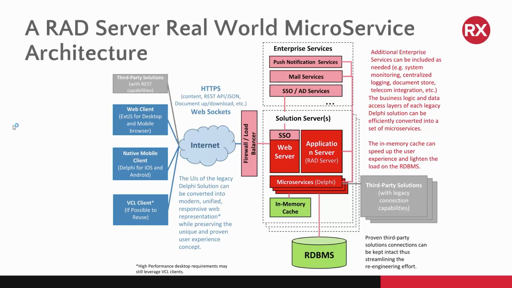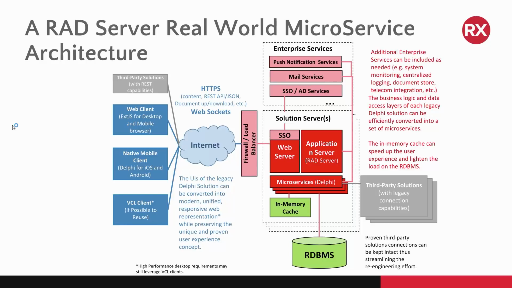They want to host microservices that use the database. Some of them use in-memory tables for performance. Some of them hook to legacy solutions or enterprise services. And they use a web server in front of the engine for, again, managing some of the enterprise services and providing a gateway towards the RAD Server engine.